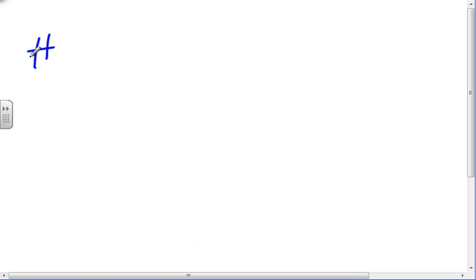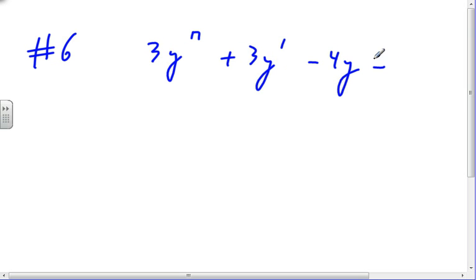All right, so we've got a differential equation, 3y double prime plus 3y prime minus 4y is equal to 0. And it'd be nice if this wasn't a pi there, right? All right.